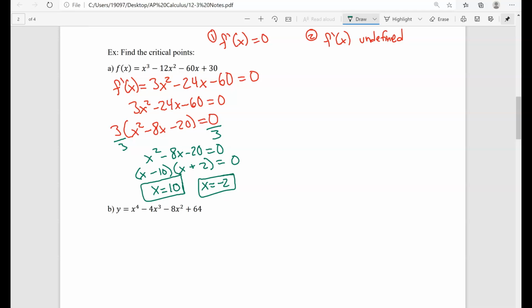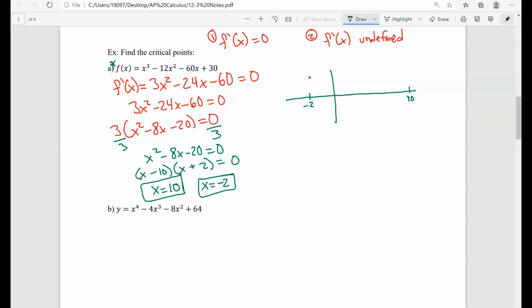So what we just found is that if I were to graph f of x, then at x equals negative 2 and at x equals 10, I would have some potential maximums and minimums.